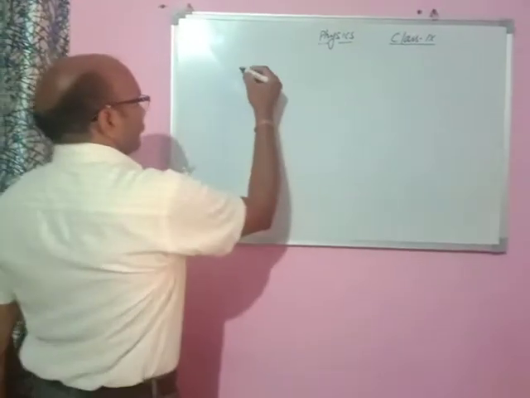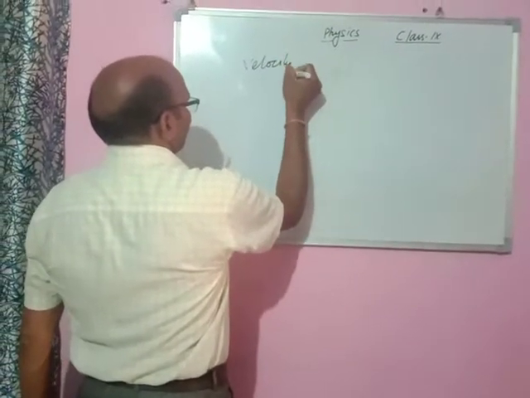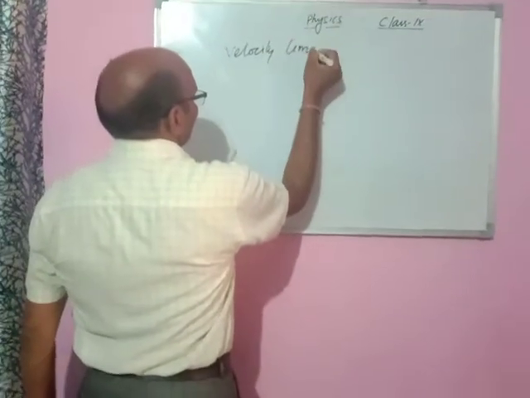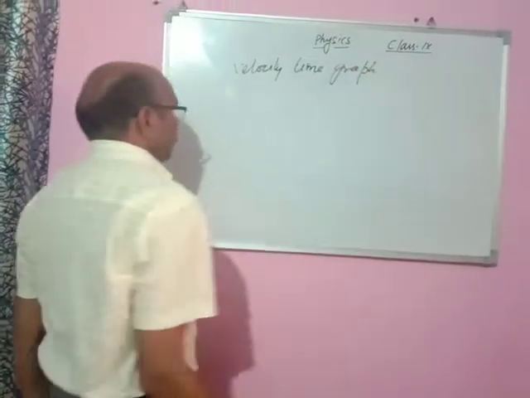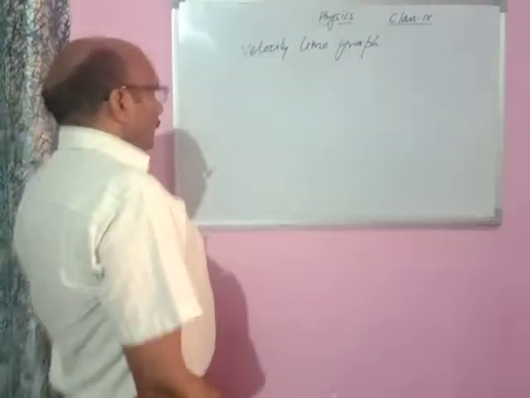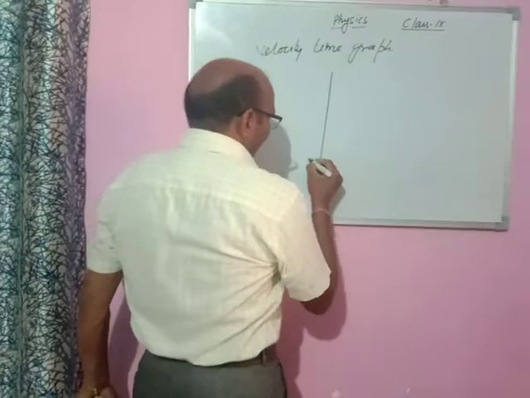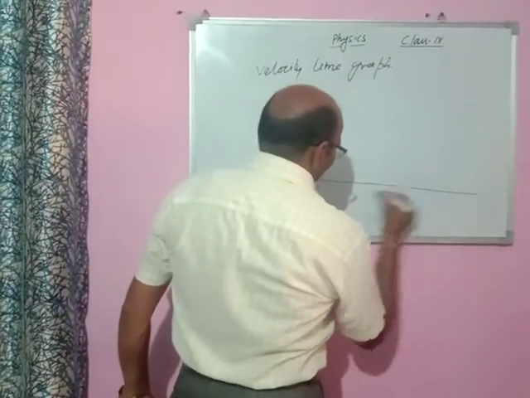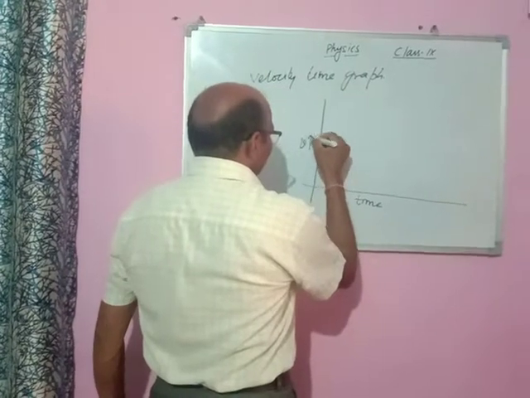Now the velocity-time graph. Again, time is on the x-axis and velocity will be on the y-axis.